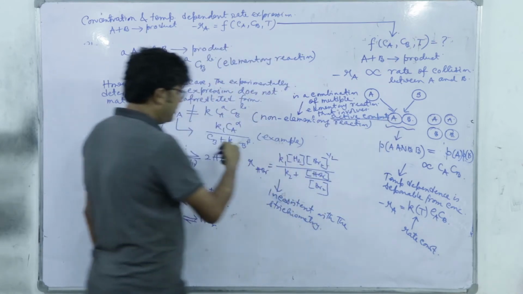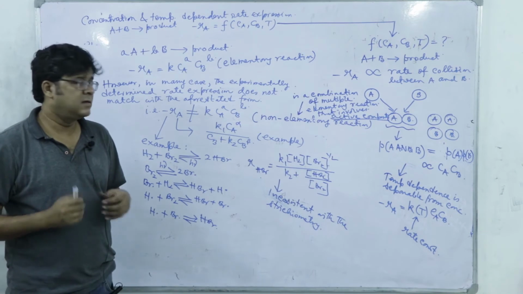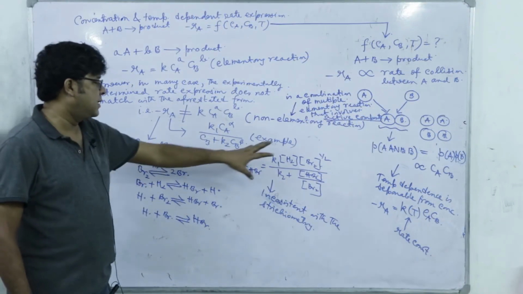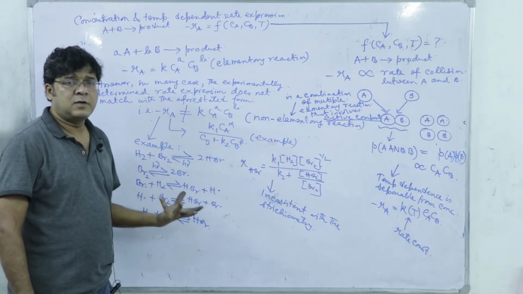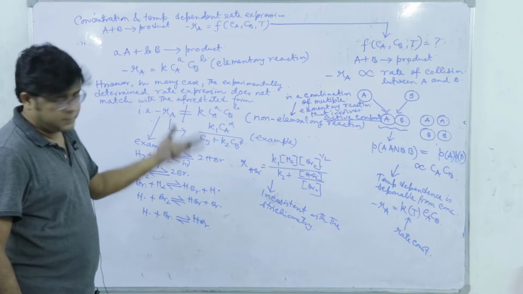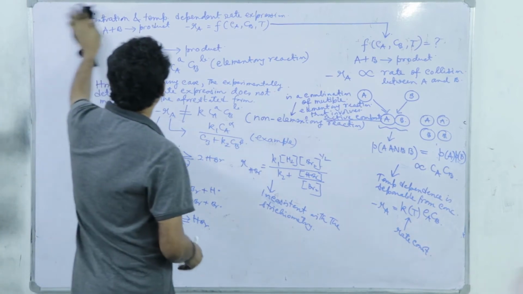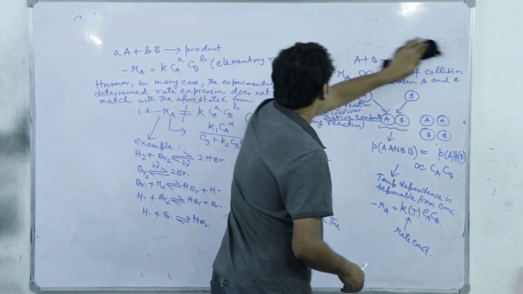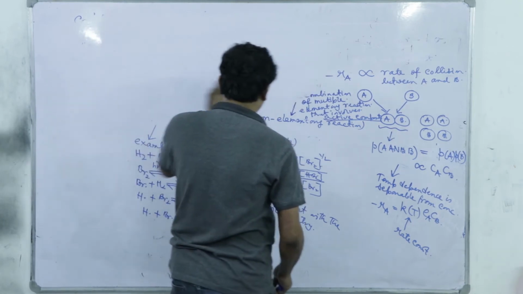And these active components here, the example is free radical, which is highly reactive. So how to formulate the rate expression of a non-elementary reaction, that specific topic we will take up later. But before that, we will proceed with further understanding of this rate and some of the parameters associated with this reaction.